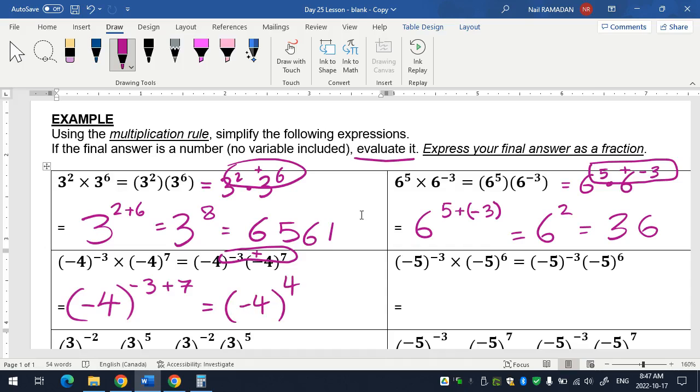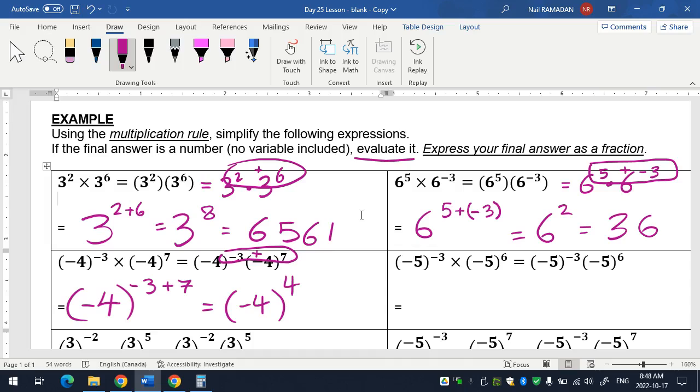Let me ask you a question. What do you get when you multiply a negative number by itself twice? How about 4 times? How about 6 times? 8, 10, 12, 14, and so on. What if you multiply the negative number by itself 3 times, 5 times, 7? So what's the rule here?